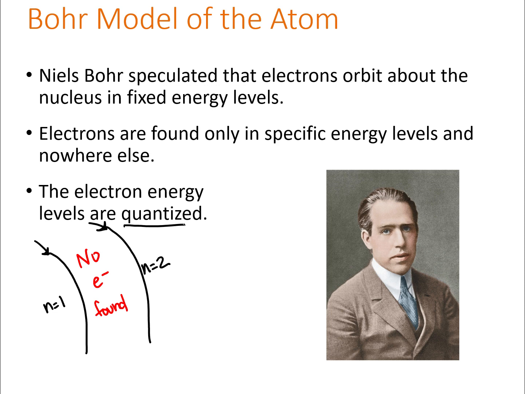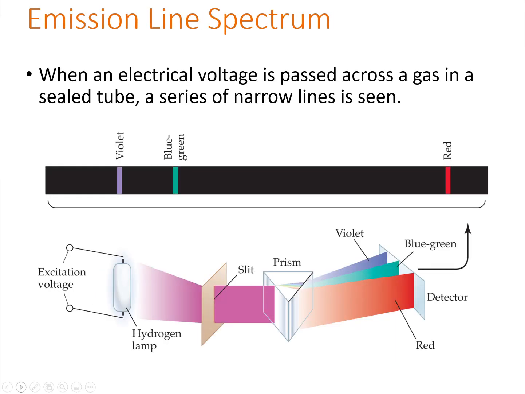How did we get there? Well, one of the pieces of evidence is a line spectrum. When you put an element into a tube and you heat it up so that it becomes a gas, or you take a gas like hydrogen and you heat it up, you're going to excite all the electrons in that hydrogen or whatever element.